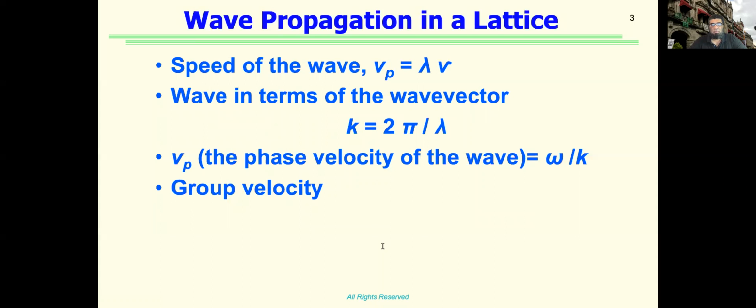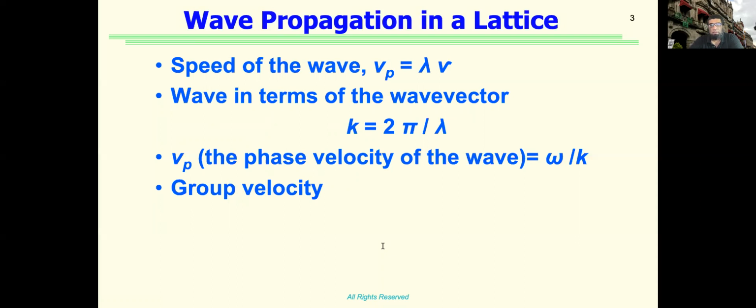Now, instead of wavelengths, we can also describe a wave in terms of its vector, k. This is something which we'll be using a lot, k vector or k space. We will be translating things more into their wave form or wave properties than the particle.